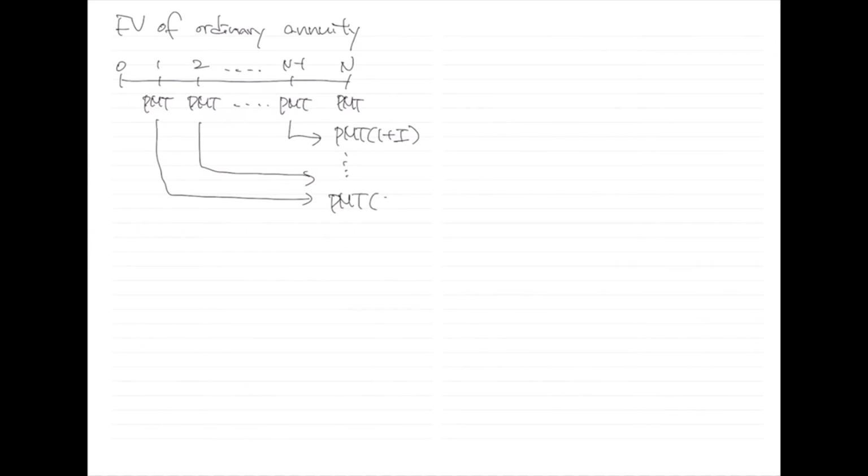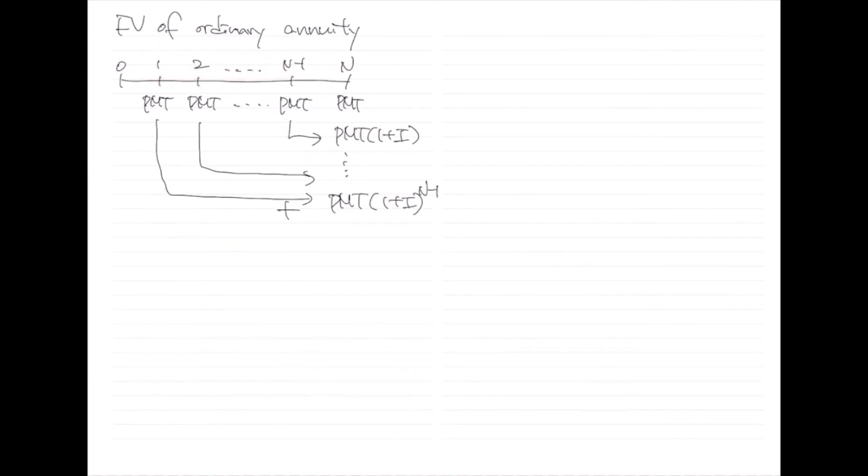PMT times 1 plus I. How many times compound here? N or n minus 1? N minus 1. Because during this period we cannot compound, so compound n minus 1 times.